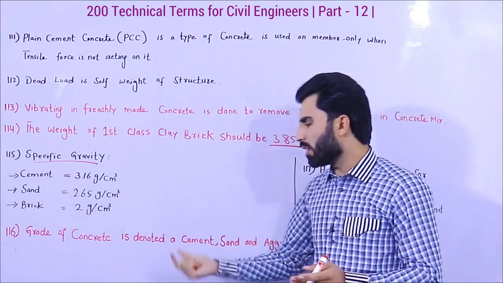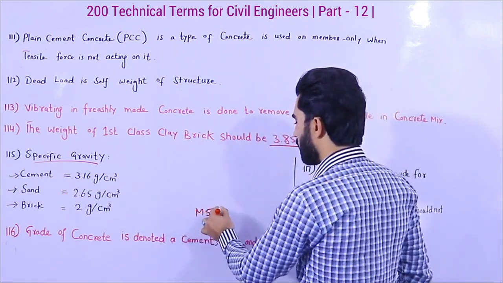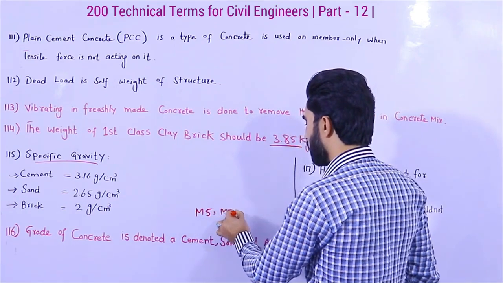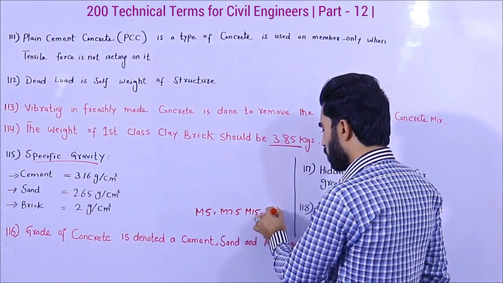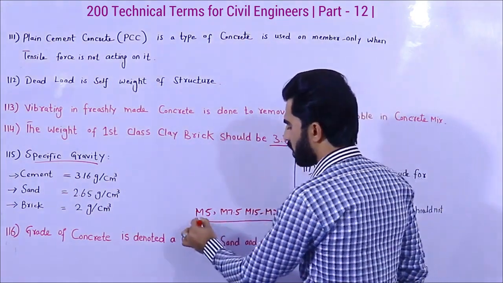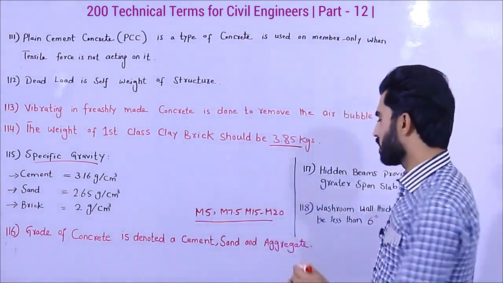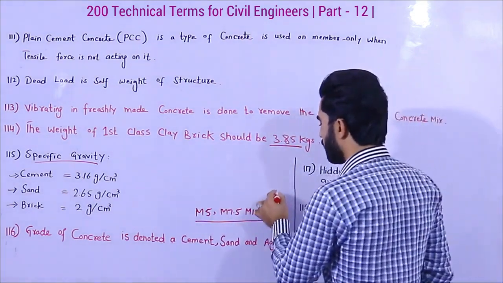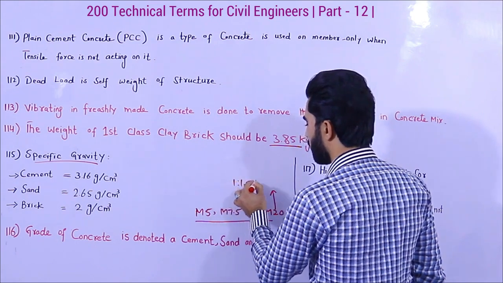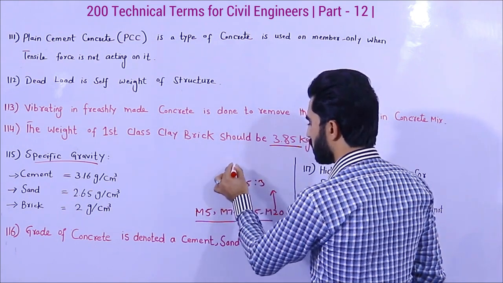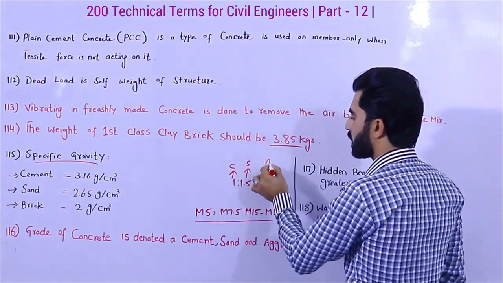In different grades of concrete we have, for example, M5, M7.5, M10, M15, M20. We are using different grades of concrete for different RCC structures. For example, M15 ratio is 1:1.5:3, where 1 is cement, 1.5 is sand and 3 is aggregate or crush.